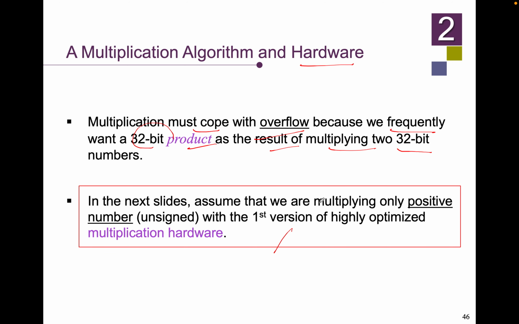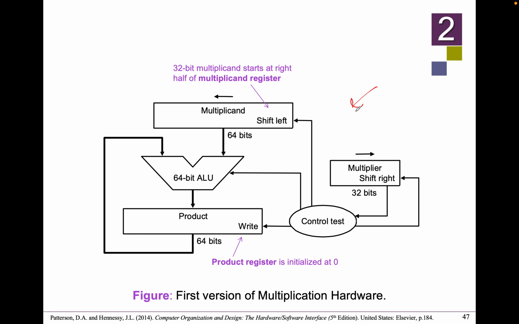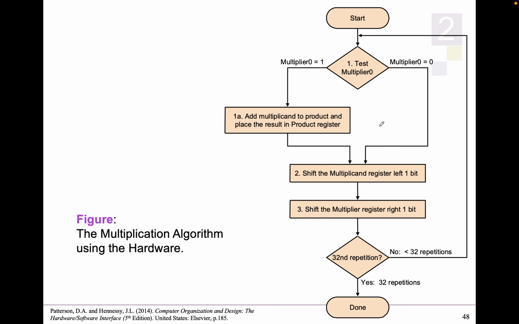You can try to read it, but this is the flow of how you apply it in the multiplication hardware in your ALU. There is no need to memorize everything, but the steps are very important. This is a must. You need to remember this flow chart.